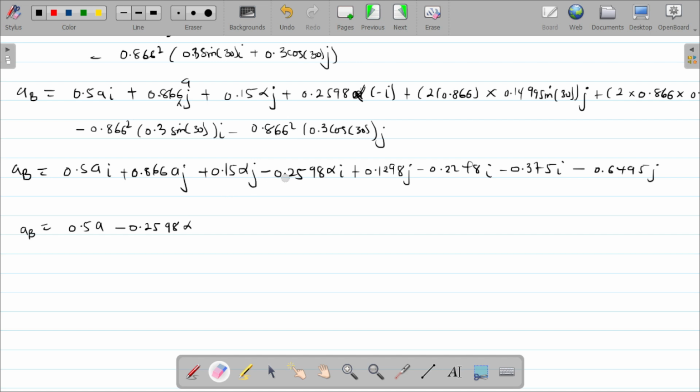Alpha, and then you have negative 0.2248 I. Sorry, so all in brackets I here, and then the j we have, let's bring plus, so we have 0.866 A, and then plus 0.15 alpha. So this is gone, this is gone.